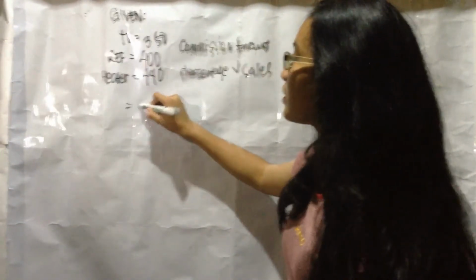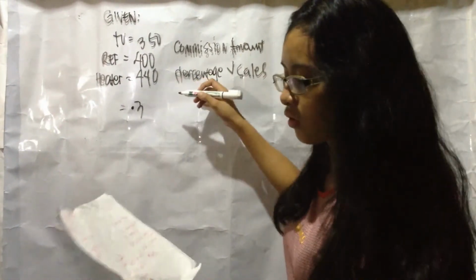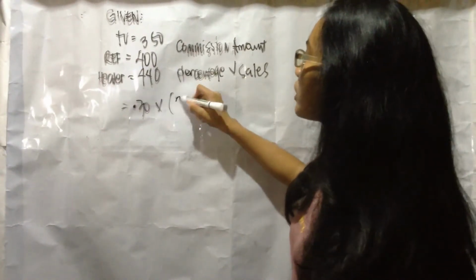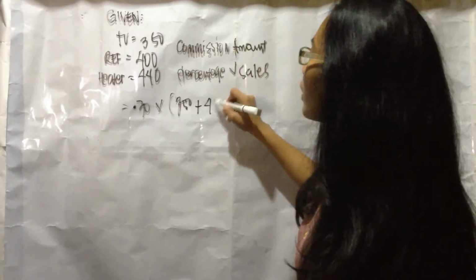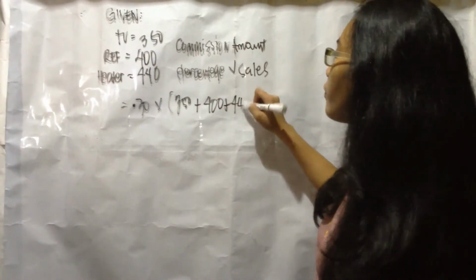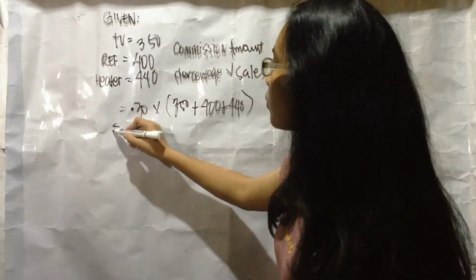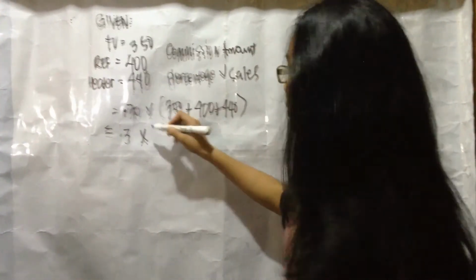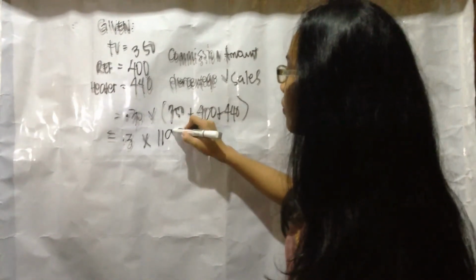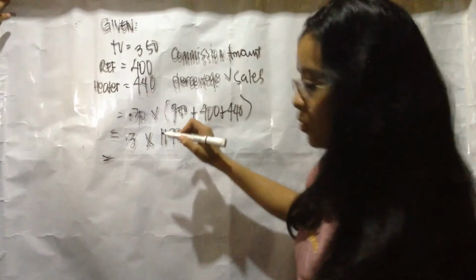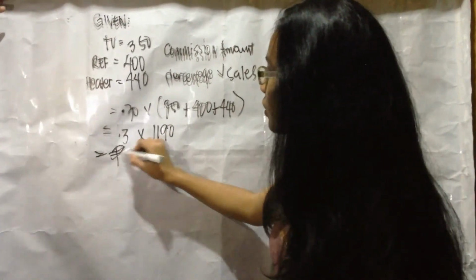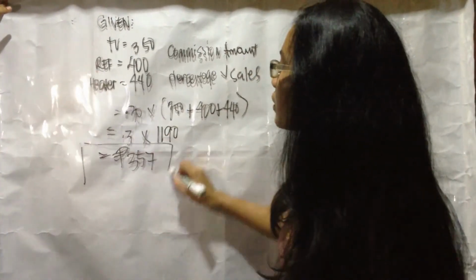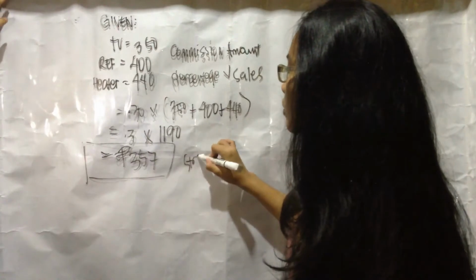Tapos, di ba ang 0.3 or 30 times natin sa sales. 350 plus 400 plus 440. So, 0.3 times 1,190 is equal to 357 straight commission.